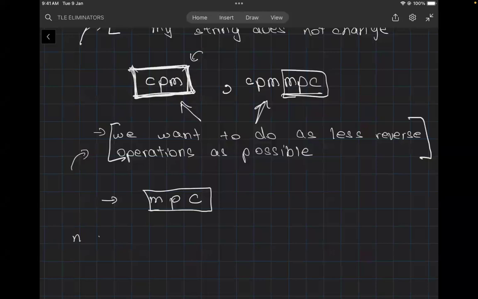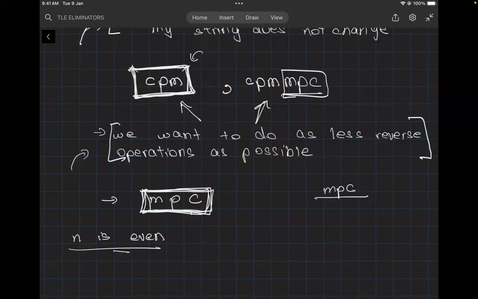Now, if I only do reverse operations, I'm going to be left with MPC itself. So one potential answer that I have is MPC.